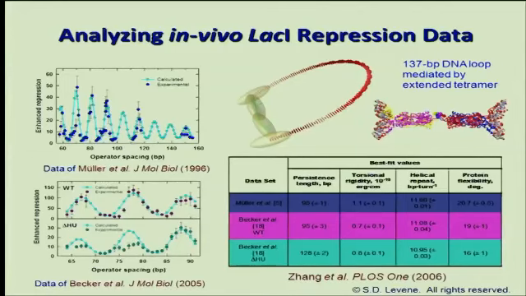The bottom line is that we were able to extract from fitting various experiments the effective persistence length of the DNA in living bacterial cells. And it turns out that there's about a 40% reduction in the effective persistence length of the DNA that the theory can account for by fitting the experimental data.